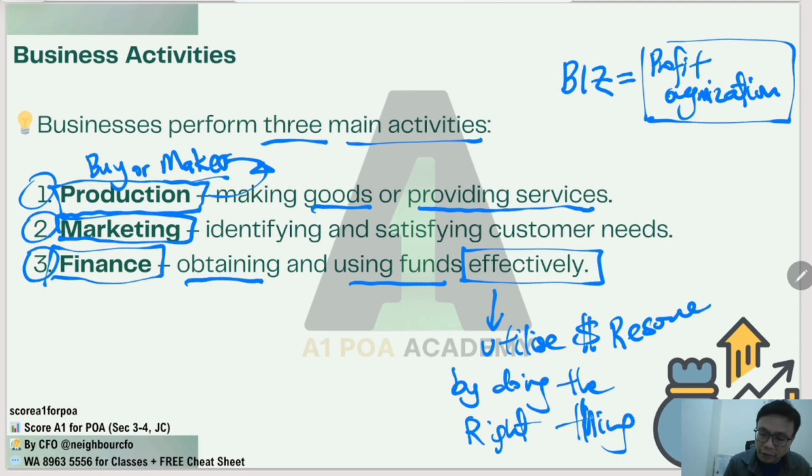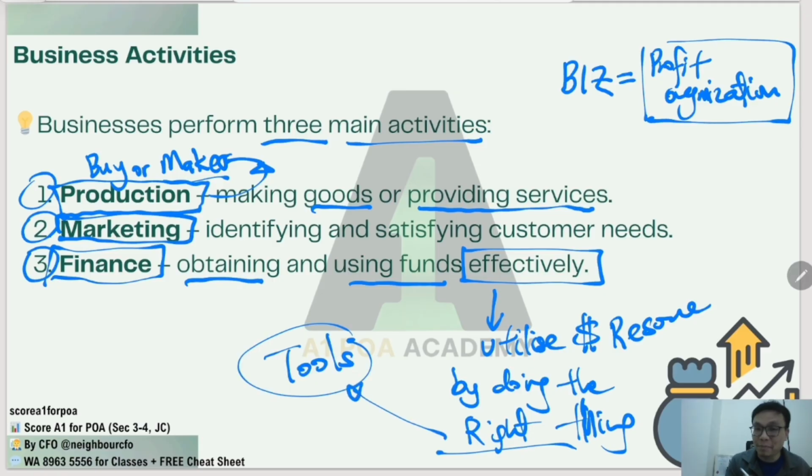And in order to do the right thing, in the subsequent slides we will teach the class how to go about doing the right things, using what kind of tools. Just bear in mind, right? Using what types of tools. Later we will revisit this term. So in short, production, marketing, and finance are the three primary activities in a business.